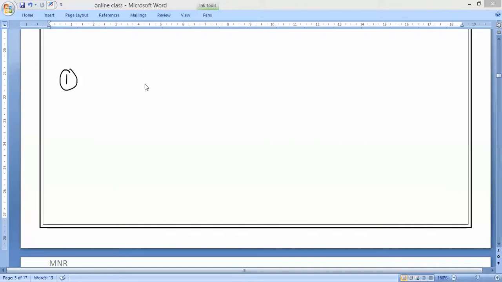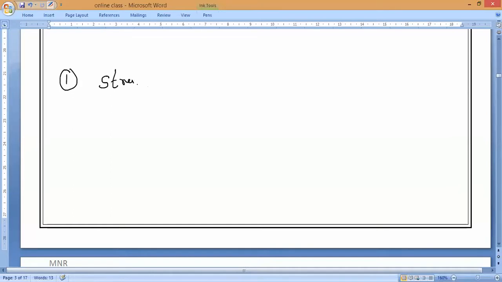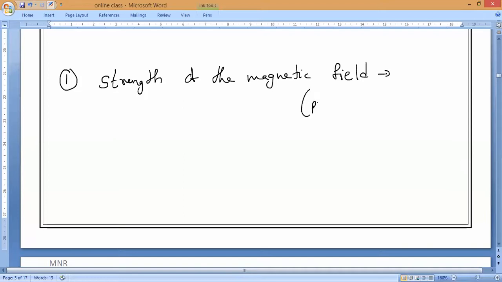First of all, the strength of the magnetic field, means the bar magnet I am taking. If it is stronger, more current is induced. If it is less strong, less current is induced. This is the first factor which increases or decreases the induced current. The strength of the induced current increases with the strength of the magnetic field, or we can say the power of the magnet.